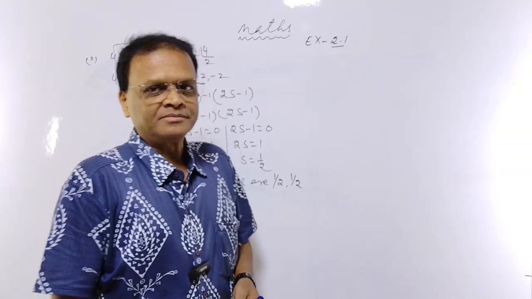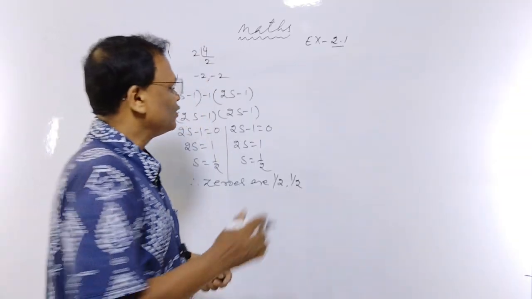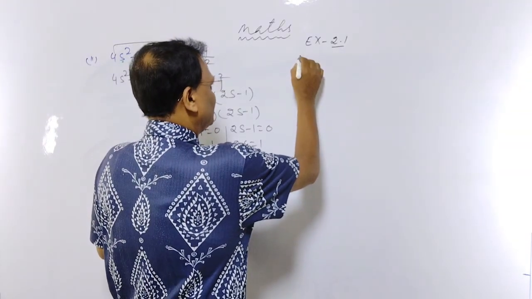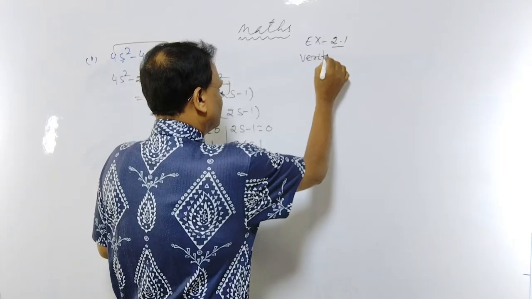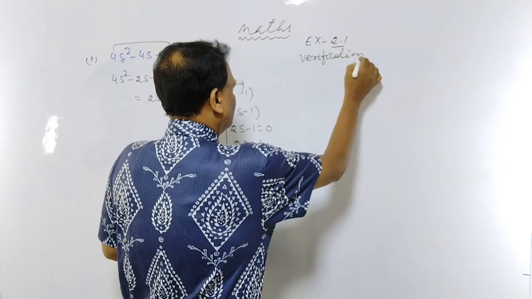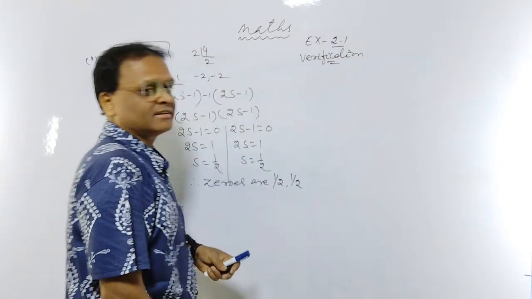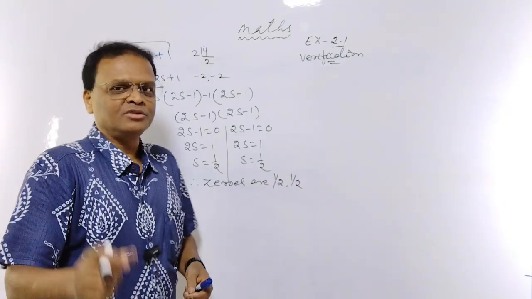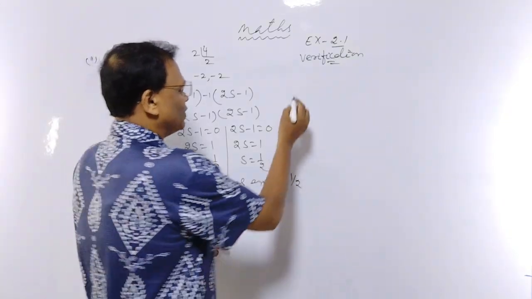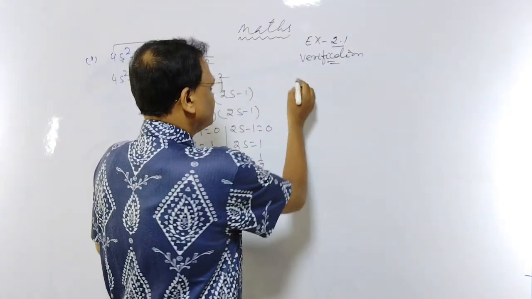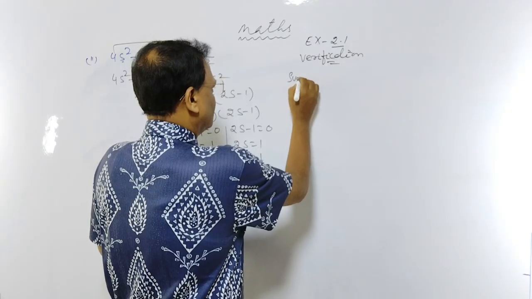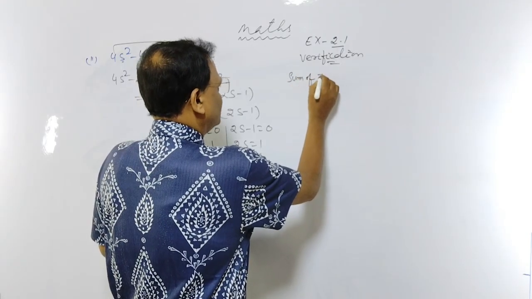Now I have to verify. What to verify? Now I have to verify, because it's asking to check, to verify the relation between the zeros and the coefficients. So what to verify? First one is the sum of zeros.